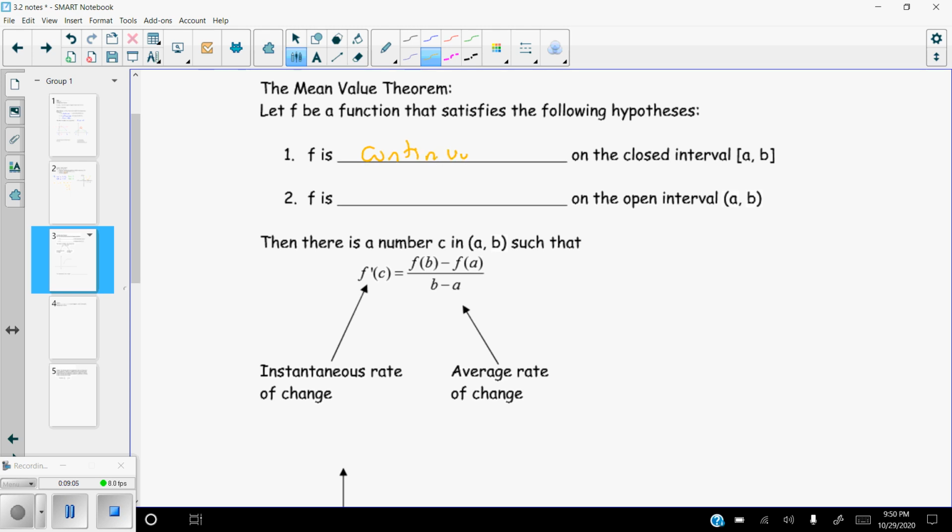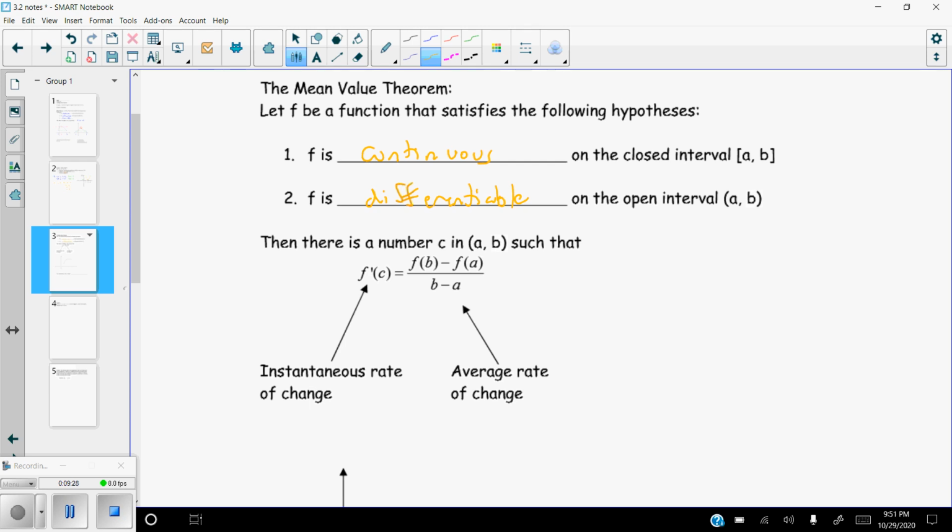Continuous on the closed interval from a to b, and it has to be differentiable on the open interval from a to b. Notice it doesn't say anything about the endpoints being equal, and in this case, they don't have to be equal.